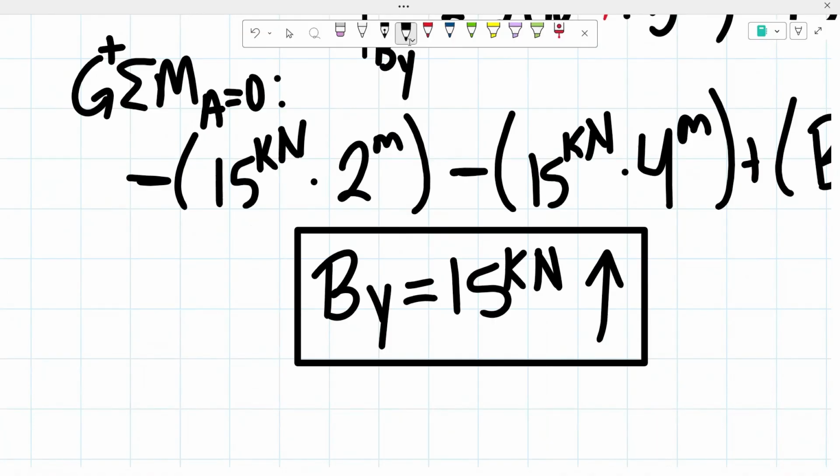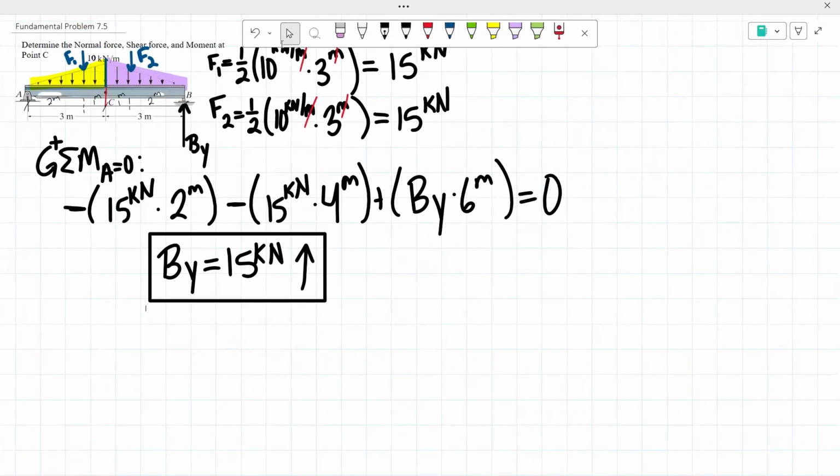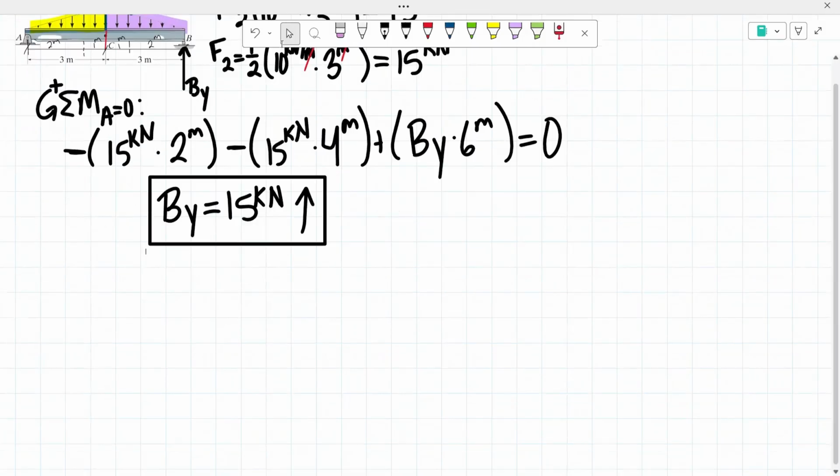Now from here, we're going to be drawing a free body diagram of the side of the beam that we're going to be working with. So once again, previously I mentioned how we were going to be dealing with the right side of the beam. So we're going to be drawing a free body diagram of the right side of the beam.